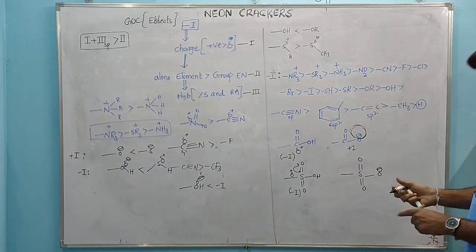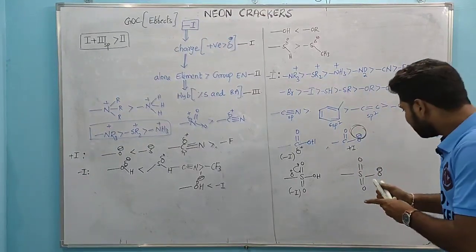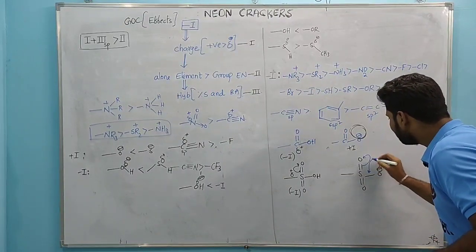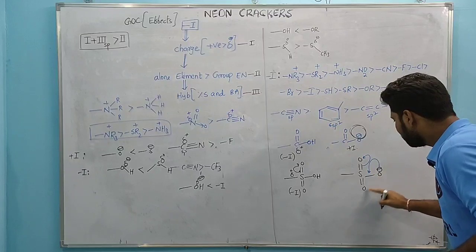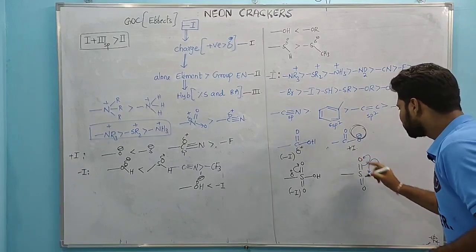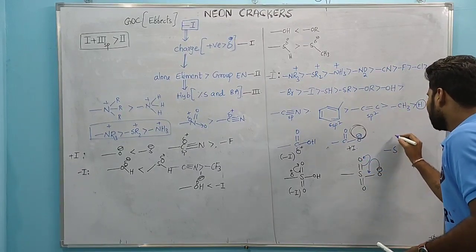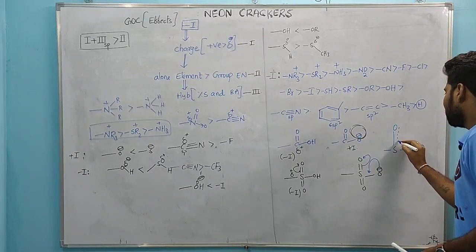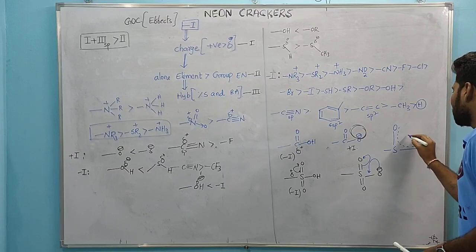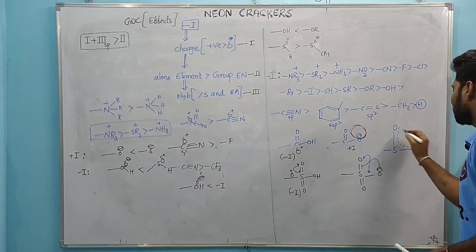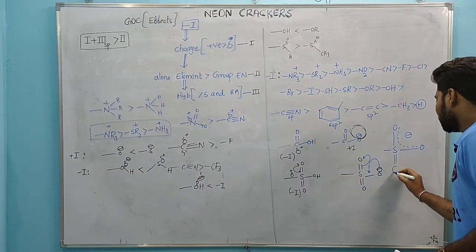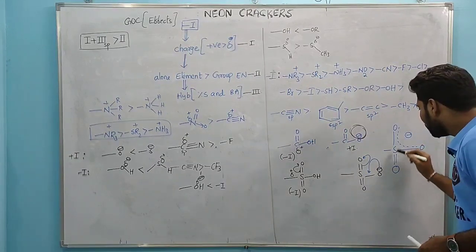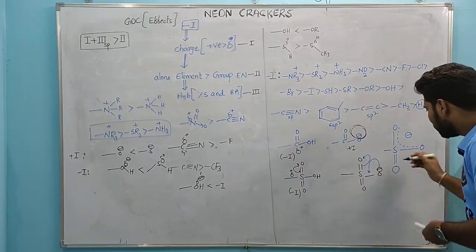Why is it also minus I? Because you may get delocalization between any two oxygen atoms. Either it is delocalized between these two or between these two. Here the negative charge is delocalized. Now this is S double bond O, and now this is S double bond O. The pi bond is a weaker bond.